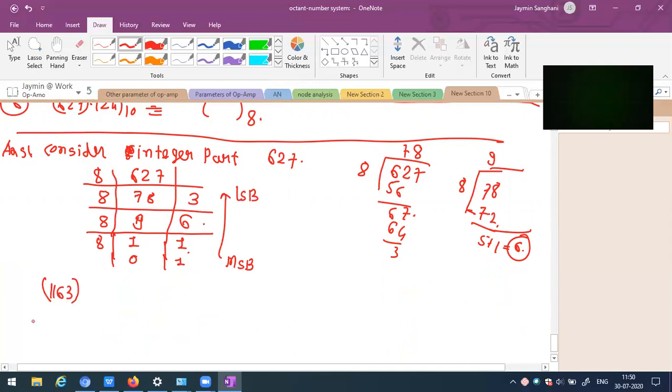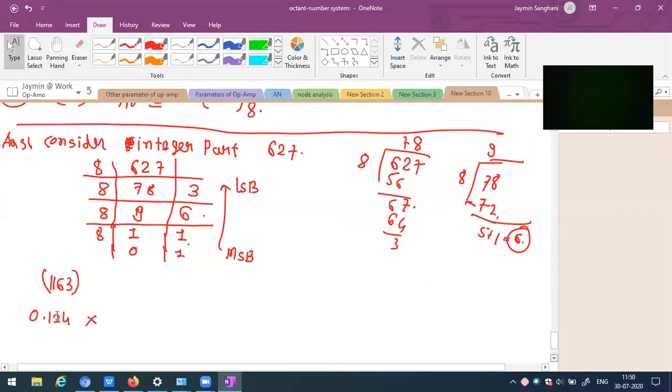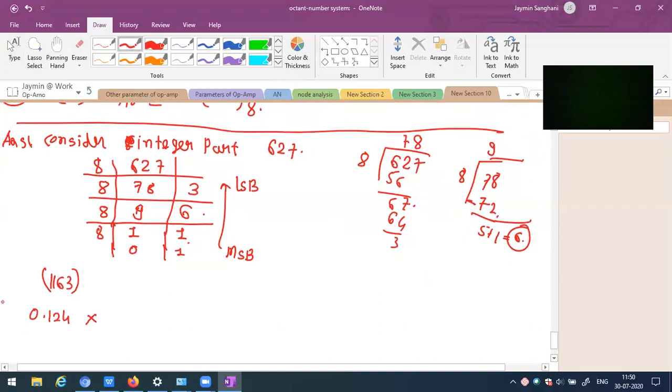Now 0.124 can be converted into octal. How is it possible? 0.124 multiplied by 8.